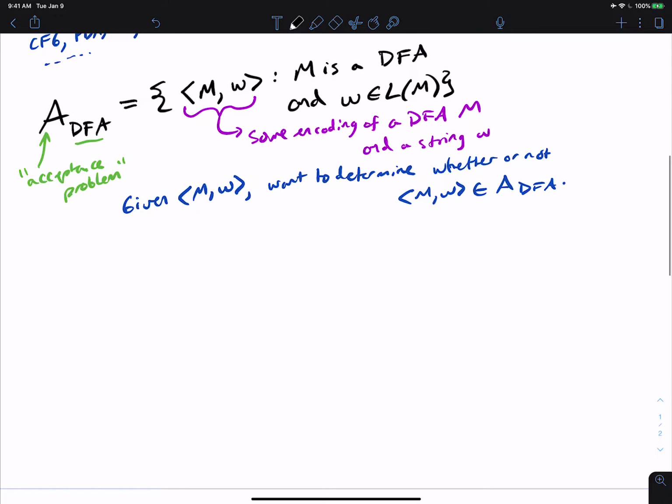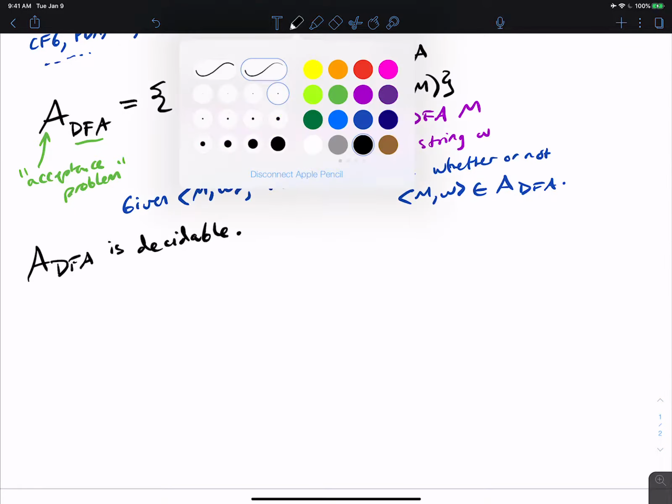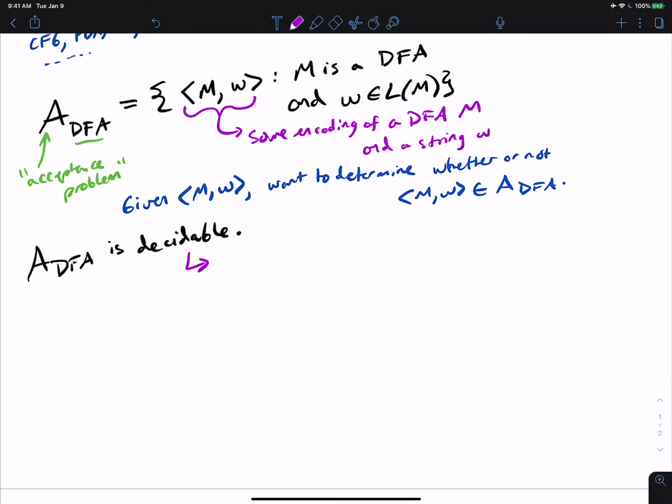So what I'm going to claim here is that A sub DFA is decidable. Recall that decidable means a Turing machine exists for A sub DFA that always halts. So if we're going to show that this is decidable, I better give a machine that always halts and never ever runs forever.